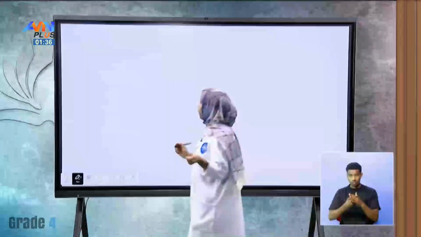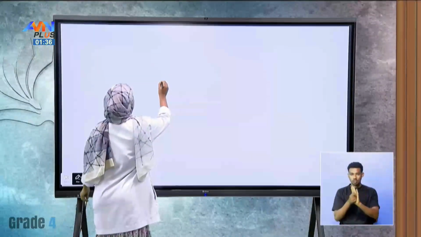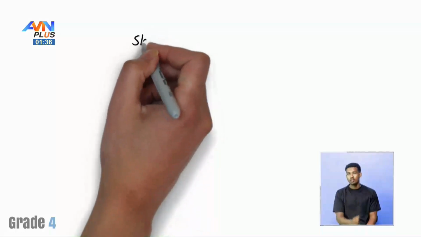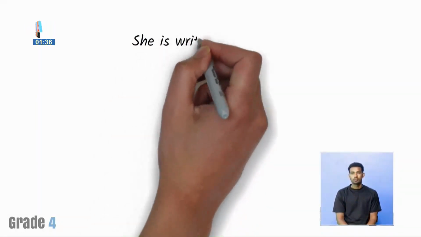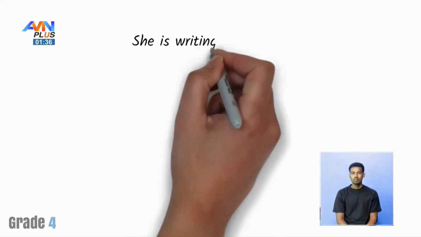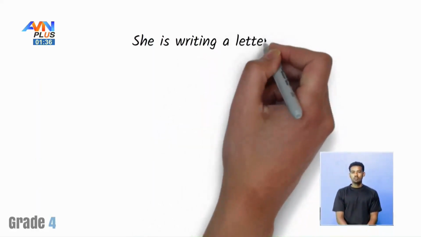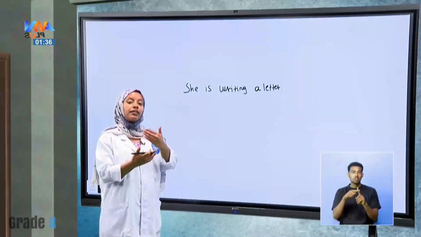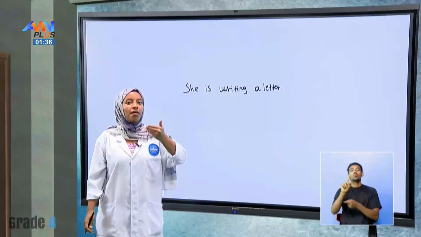For example, she is writing a letter. So this is an affirmative sentence. It's a positive sentence. Let us change it to a question, or what we call interrogative.